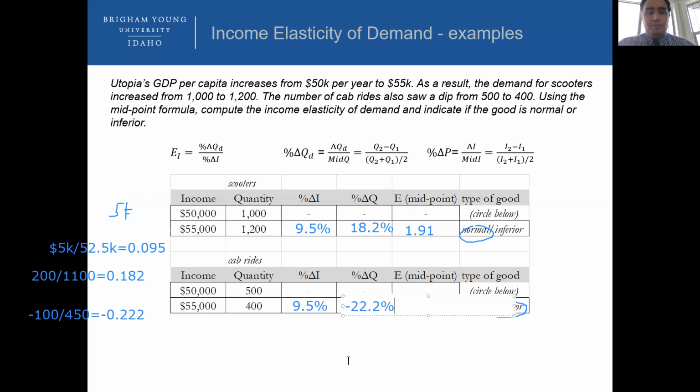Comes to the same thing. And so we take the ratio of negative 22.2% divided by 9.5, and we get negative 2.3. And that's a negative value, so it's an inferior good. Okay, that means we did the math right.